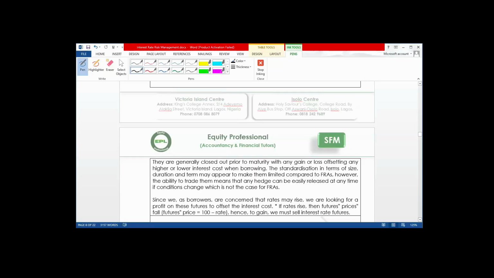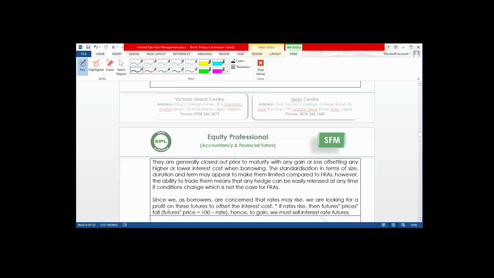Since the company is planning to borrow money, the borrower will be concerned with interest rate rising. In that case, we shall look for profits on futures.